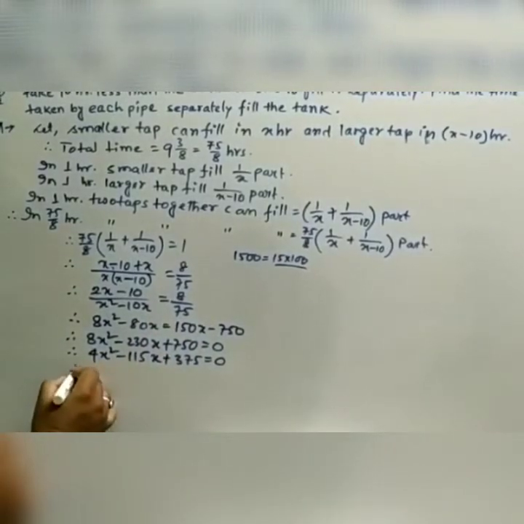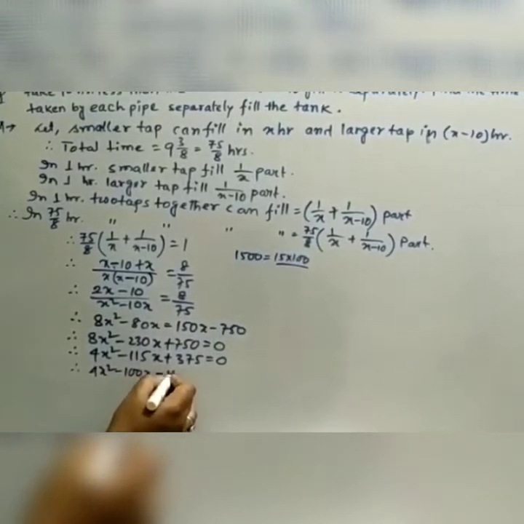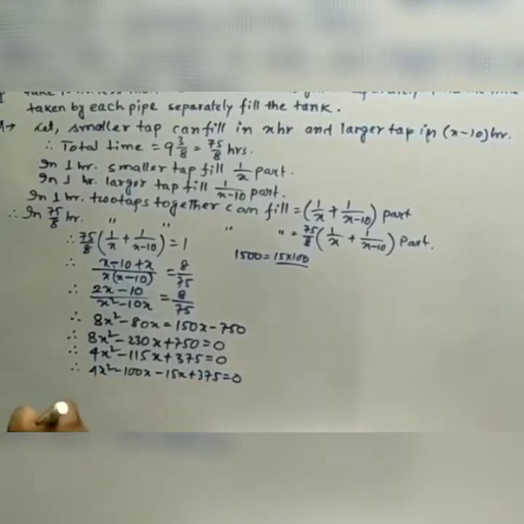So this can be written as 4x square minus 100x minus 15x plus 375 equals 0.